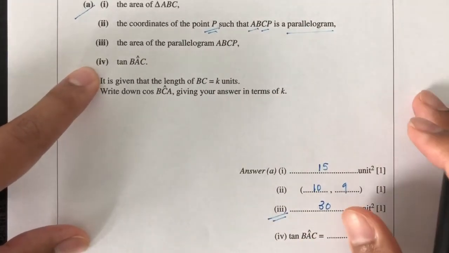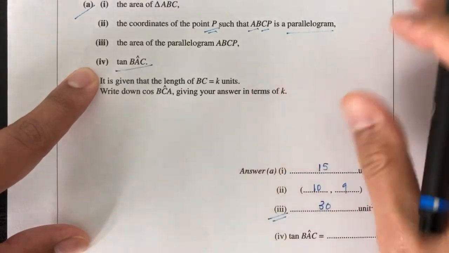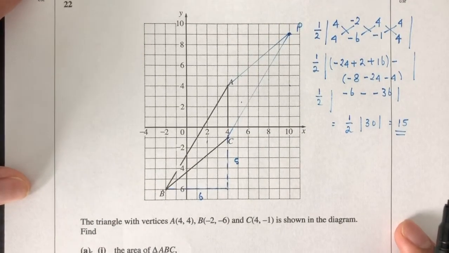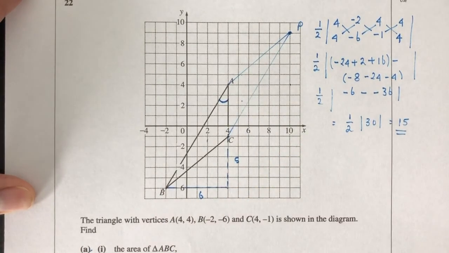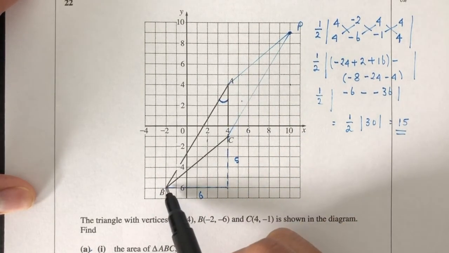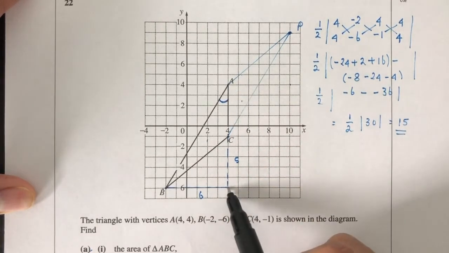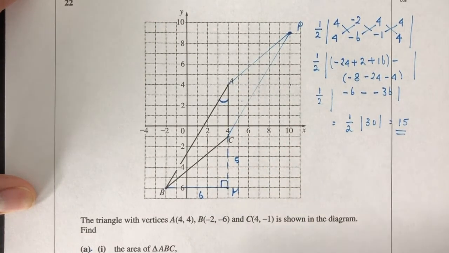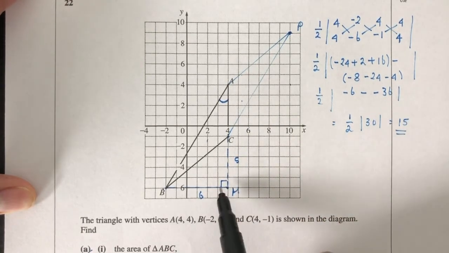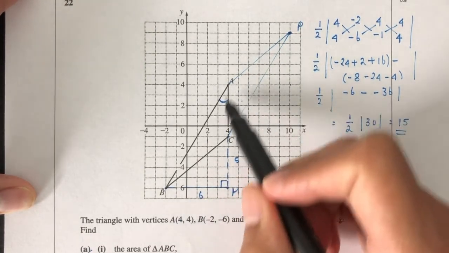Now for part 4, find tan of BAC. So tan of BAC, this angle. Here we can use this big triangle. So A, B, let's use this one. Let's call it M. As you can see, this is a right angle triangle. To find tan, we need the opposite side and the adjacent side.